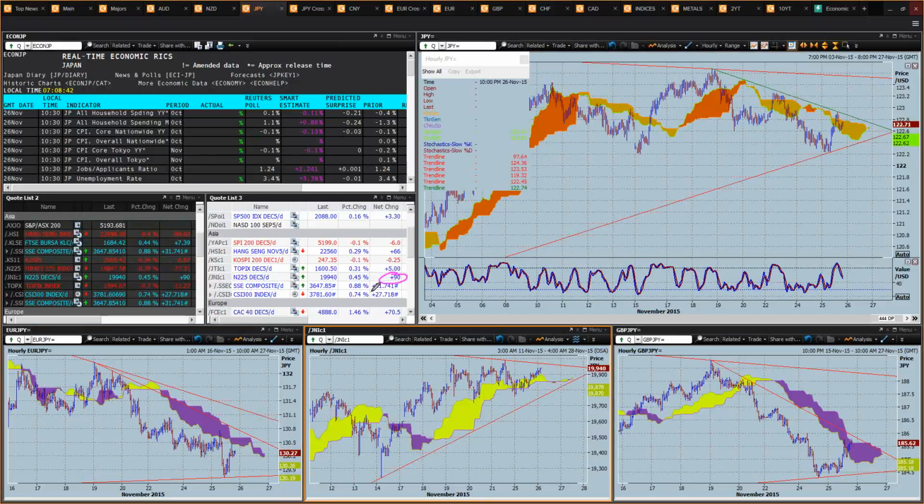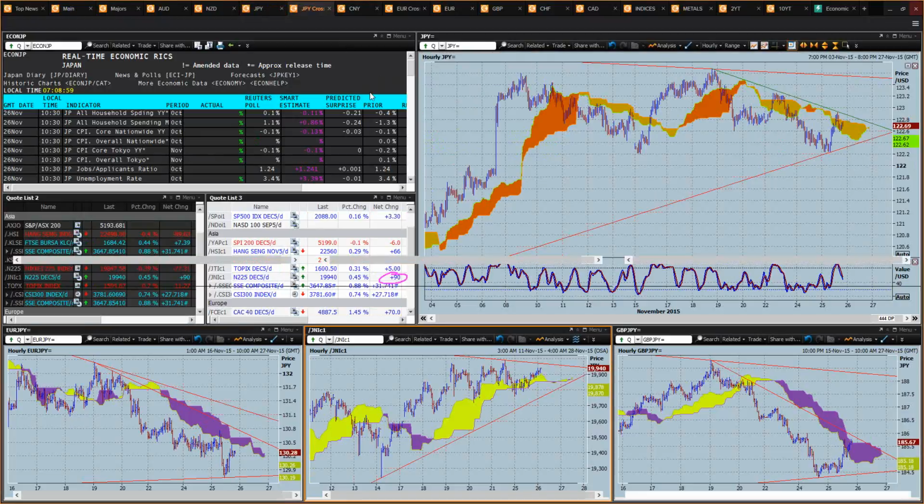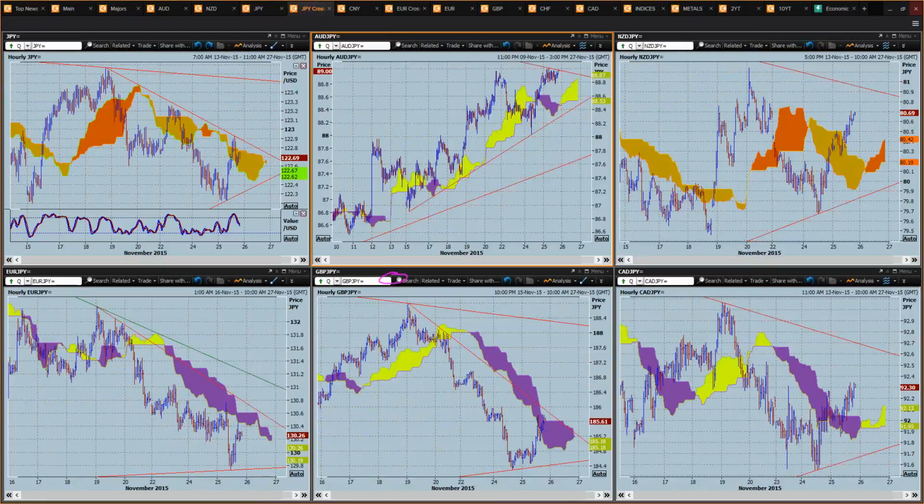So if it opens up 100, well, that means it's really up 10 for that day as a new start. If it opens up, say, plus 80, well, it's down 10 points from where it should be. That's the way we look at it. And so Nikkei down, dollar yen down, Nikkei up, dollar yen up. Pretty easy stuff.